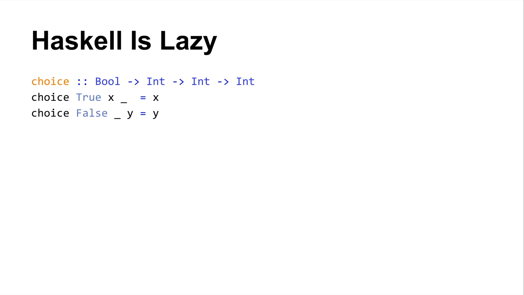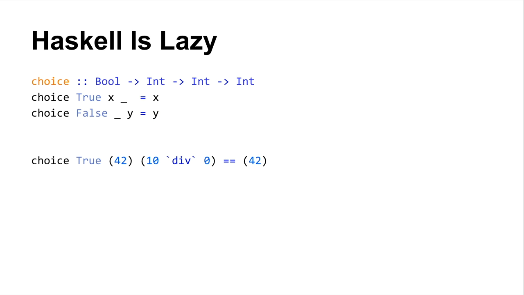It takes a Boolean, and two integers or expressions that are reducible to integer. Depending on the value of the first argument, true or false, we're going to give you back the left or the right argument. So you give me a true, I'm going to give you x. I'm going to ignore the y. If you give me false, then I'm going to give you the y.